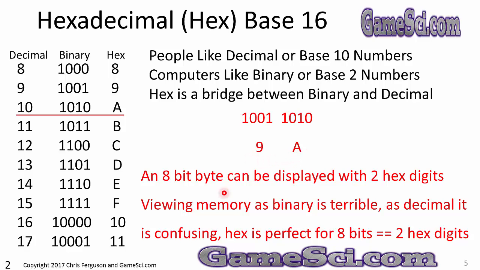An 8-bit byte can be displayed with exactly 2 hex digits. Viewing memory as binary is terrible. As decimal, it is confusing. Hex is perfect for 8 bits, which equals 2 hex digits. If we didn't have the 8-bit byte, we probably wouldn't be learning hexadecimal.